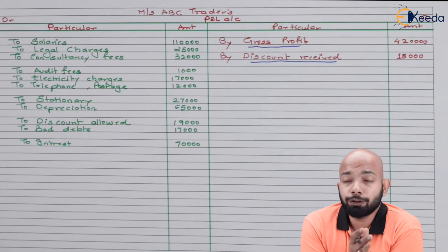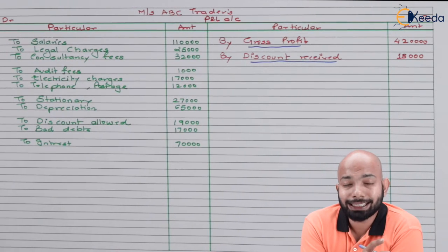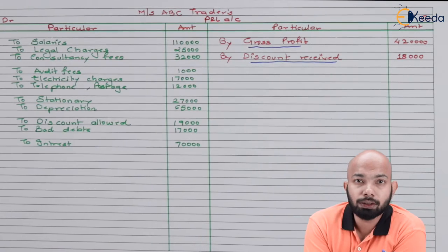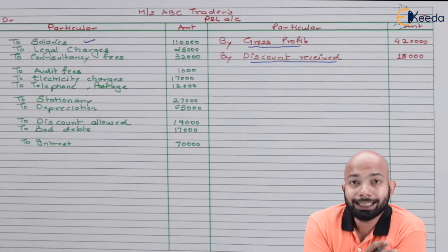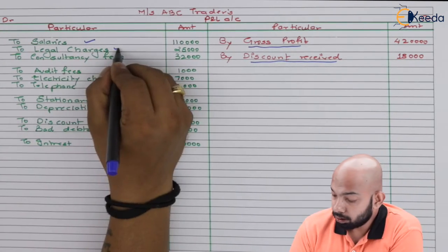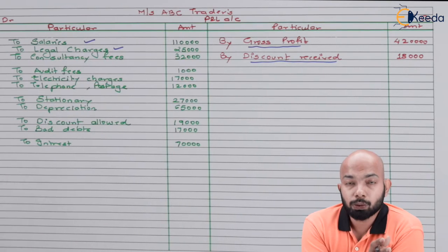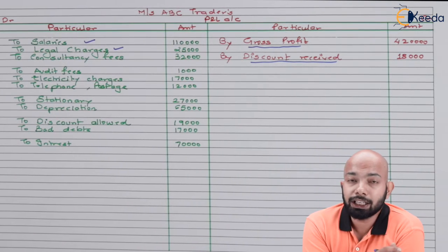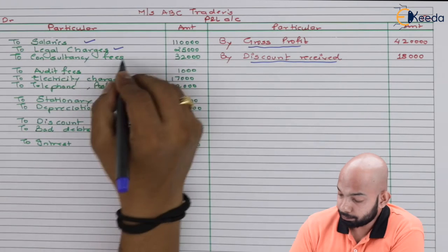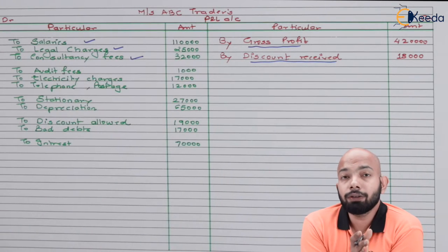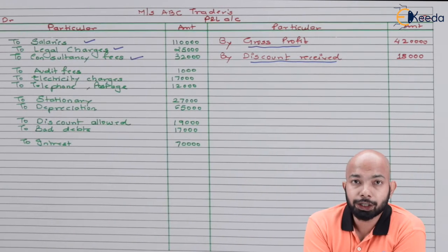Let's read it out. The first one mentioned here is salaries, which is 1,10,000. Then comes the legal charges, which is 25,000. Then the consultancy fees, which is 32,000. The audit fees amounting to 1,000 has also been mentioned.